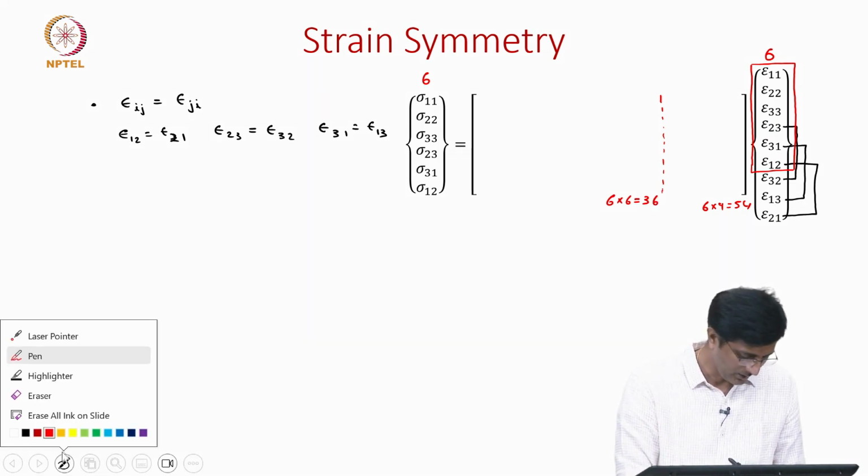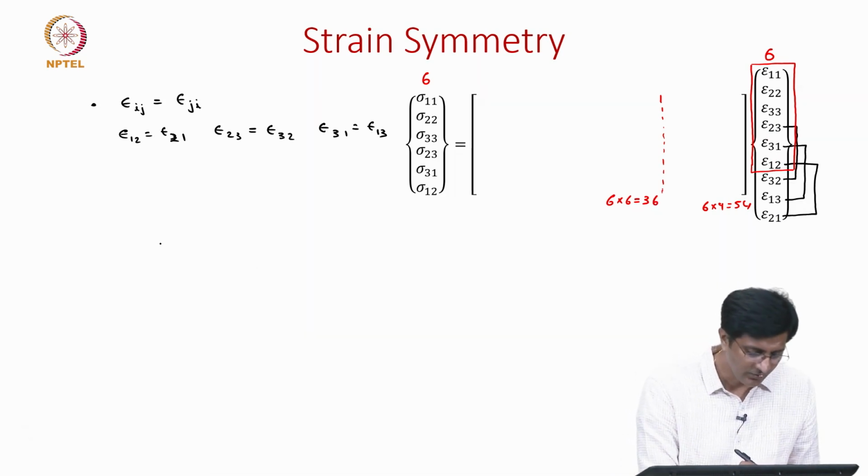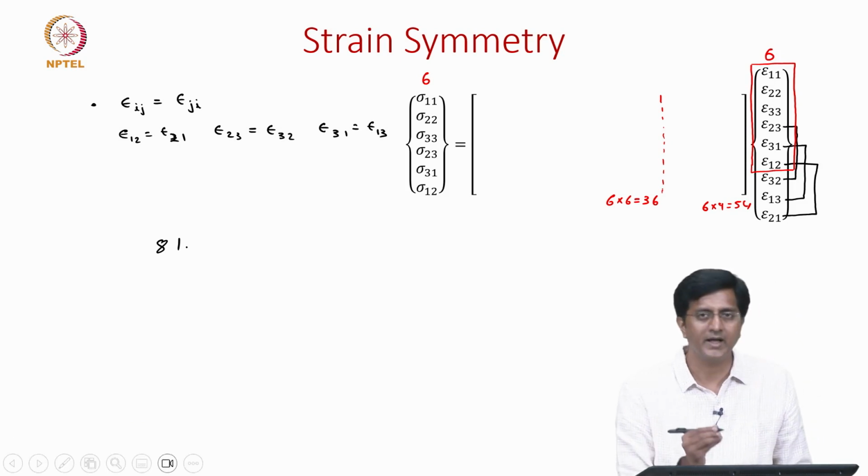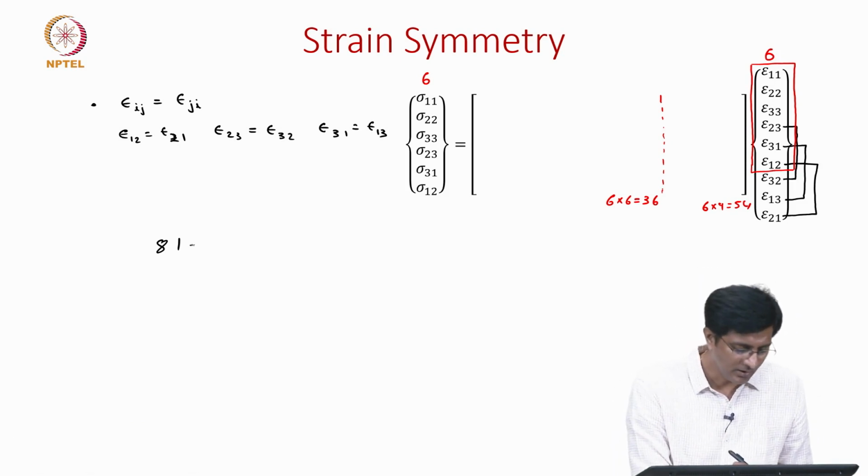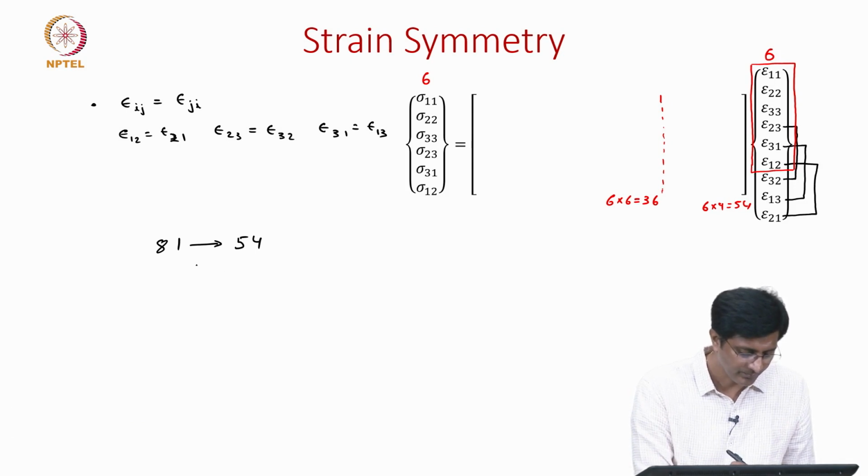So, essentially we started with 81 constants for an anisotropic material, then because of the stress symmetry we reduced it to 54. And now from 54 we have reduced it to 36.